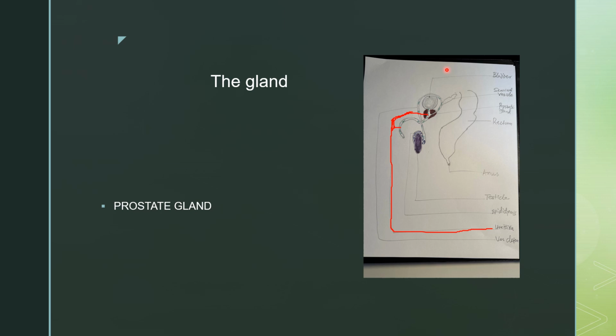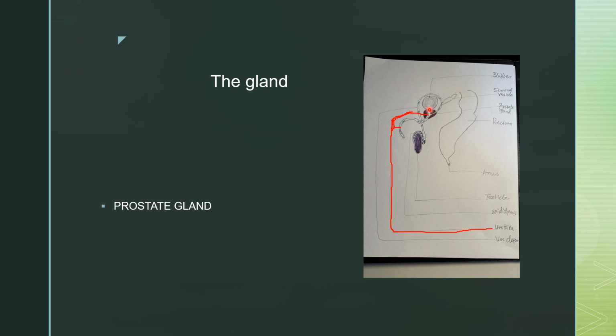When this retention is taking place, there may be a urinary tract infection, and then you have irritative symptoms on top of the obstructive symptoms. You have frequency, urgency, nocturia, and dysuria on top.